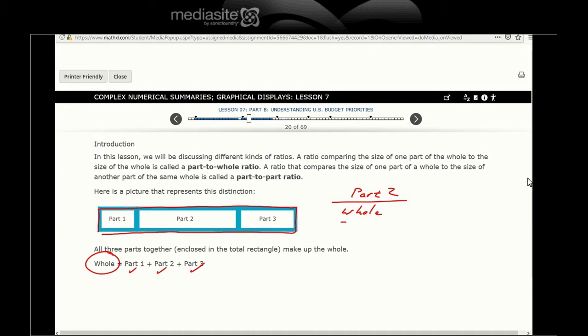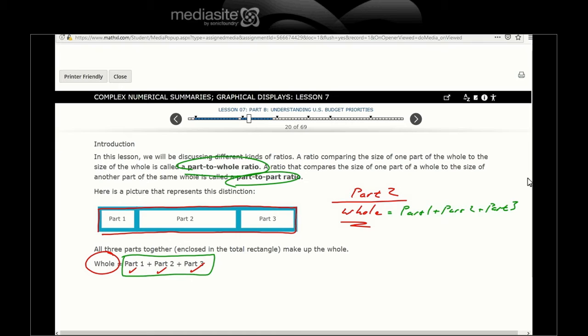But recall what the whole is. The whole is part 1, part 2, part 3. That's for a part to whole ratio.